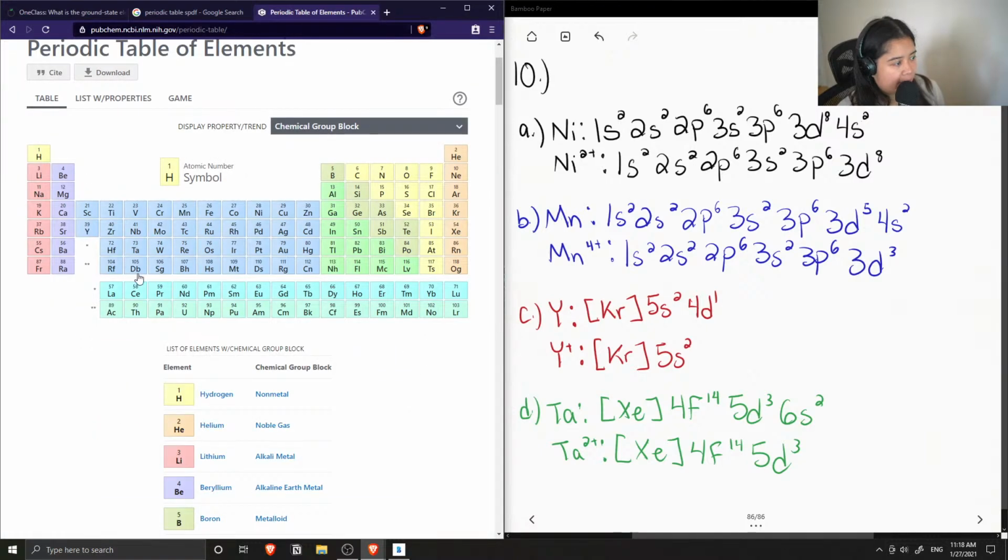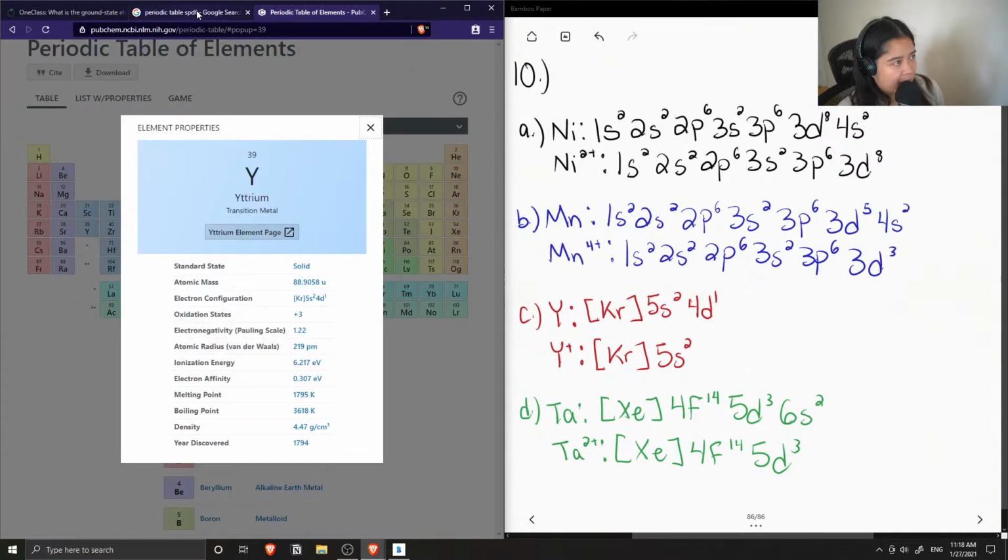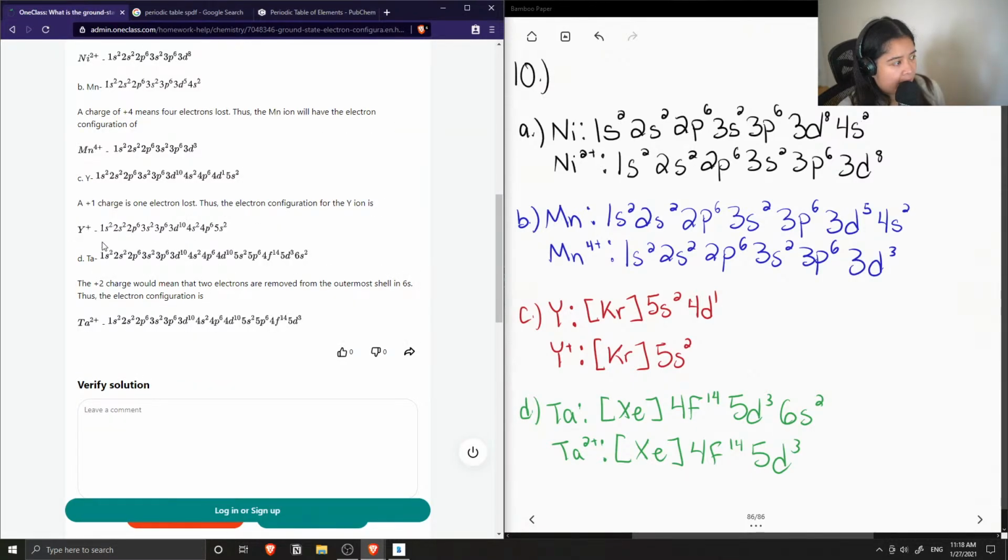And for yttrium, I believe it's called. When it loses the 1 electron, it loses it from the 4d1 orbital. So now it's just krypton 5s2.